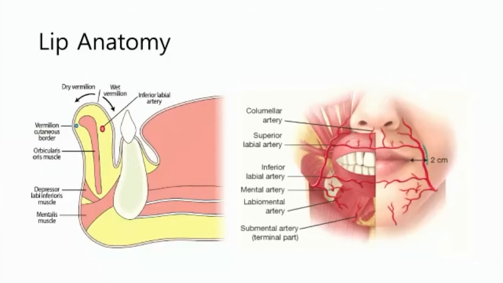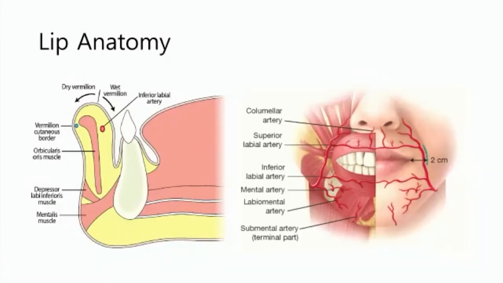This slide shows the lip anatomy. Professor Han already introduced the anatomy, but I will briefly introduce it for you. In this slide, you should be cautious about the artery because we inject filler on the lips.